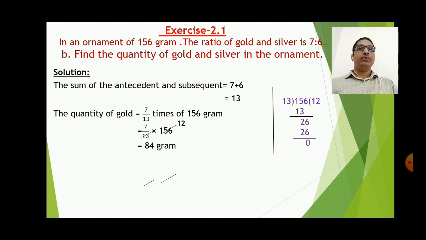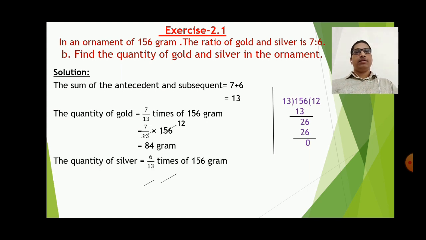Now we will find out the quantity of silver. Here the quantity of silver will be 6 out of 13 times of the whole amount. How will we write? Look at the screen. 6 out of 13 times of the whole amount, 156 gram. Now look here, 6 out of 13 times is here, and this "of" means multiplication, and 156 is here.